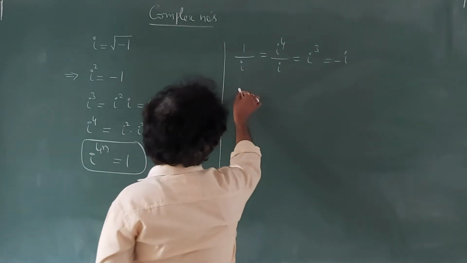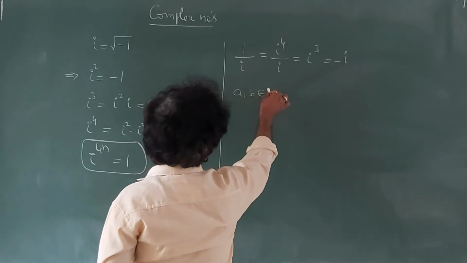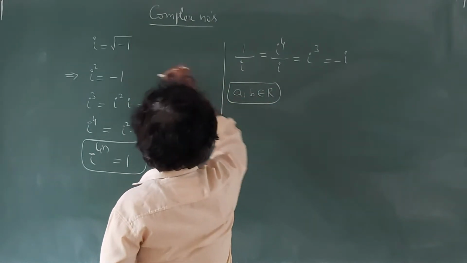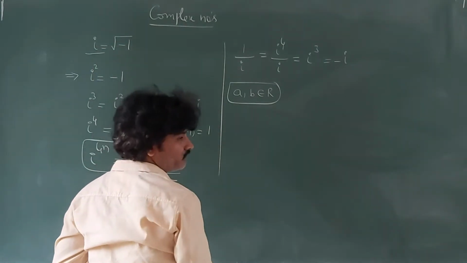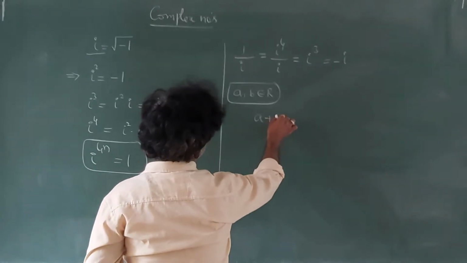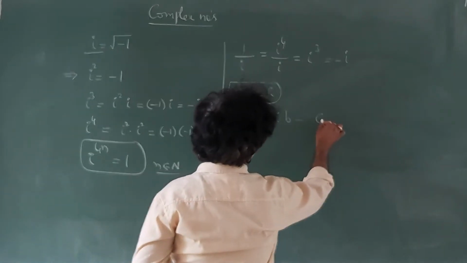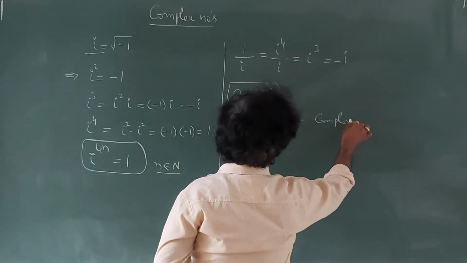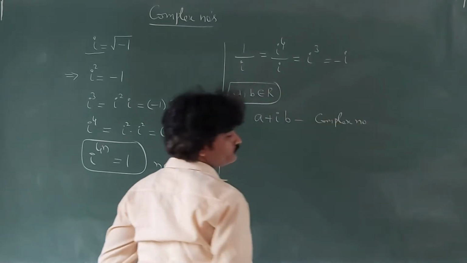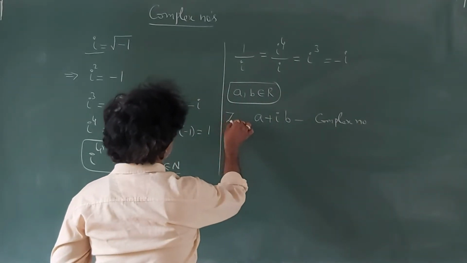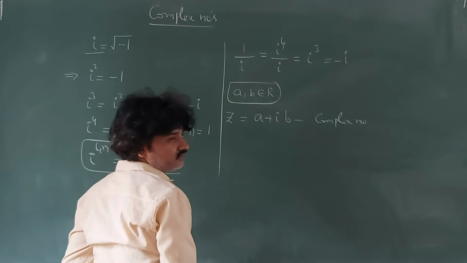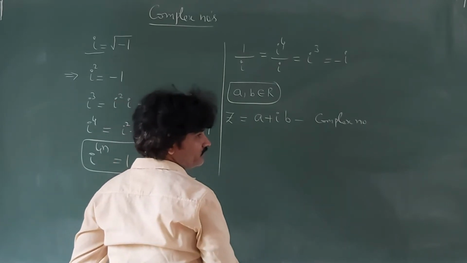Right. Now what is meant by a complex number? If a, b are any two real numbers and i is the imaginary number, then a number in the form of a plus ib is called a complex number. Generally it is denoted by z. z is equal to a plus ib.